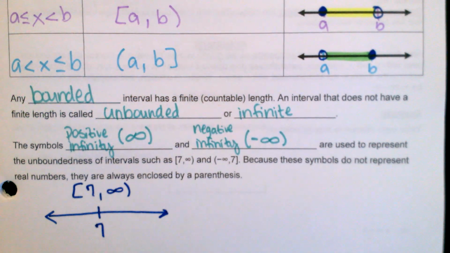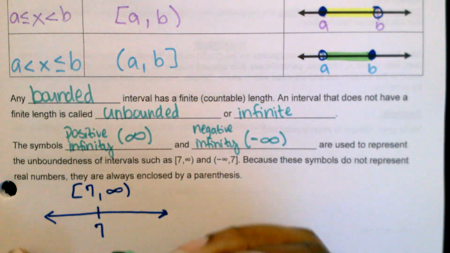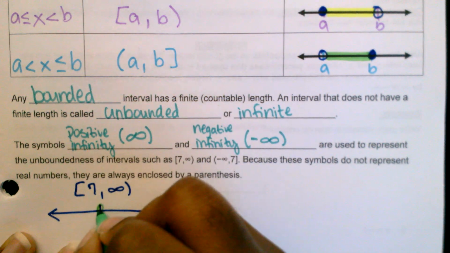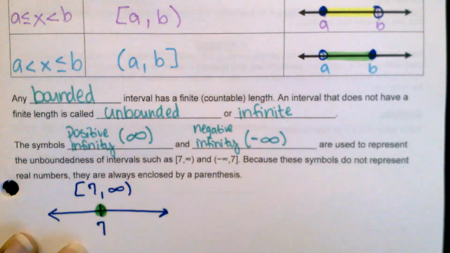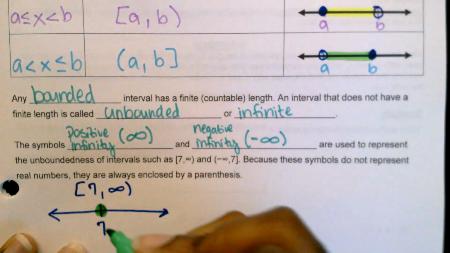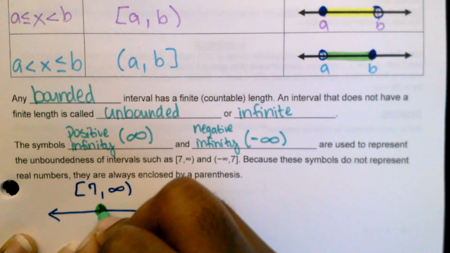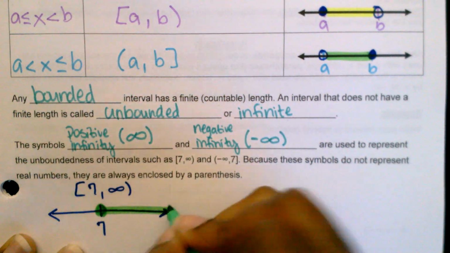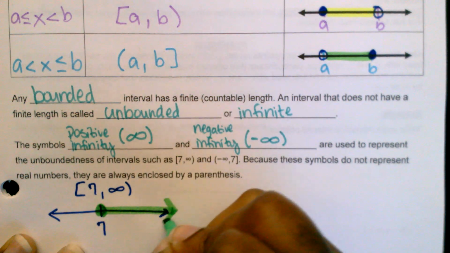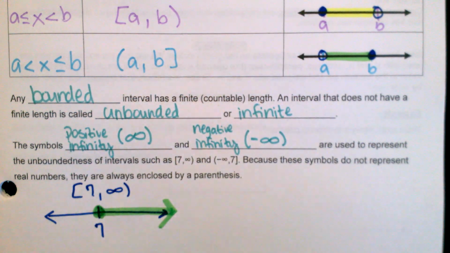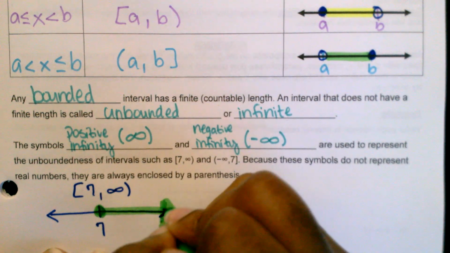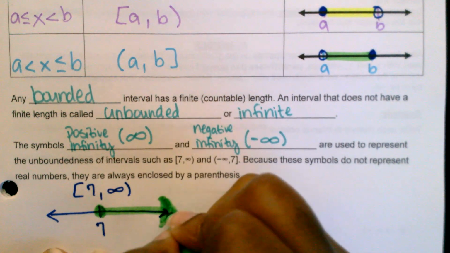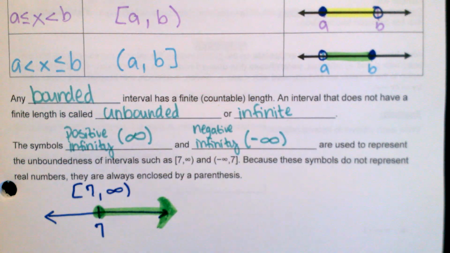So I have 7 here. 7 is included, so it's going to have a closed circle. And then I'm going to highlight everything to the right, and then I draw the big arrow. That means that it's going to keep going.